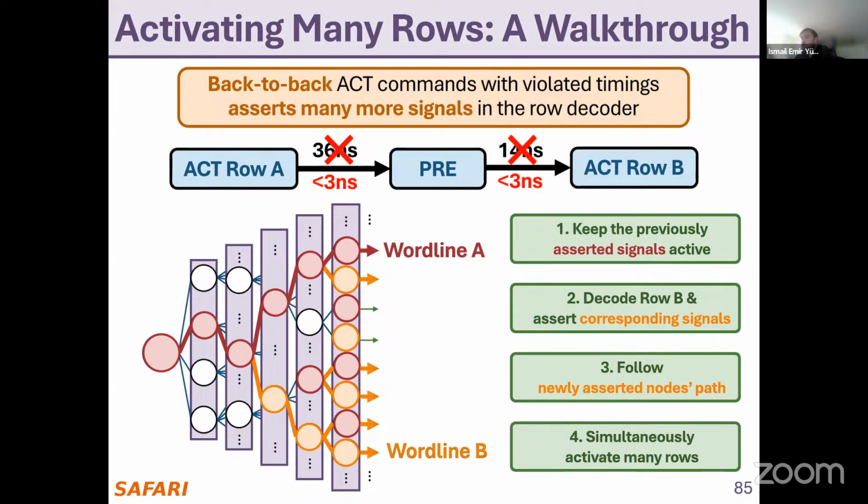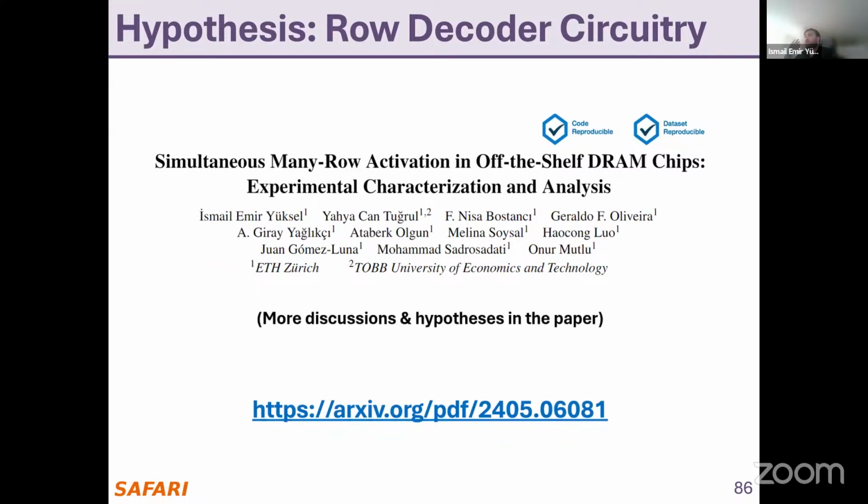As a result, we activate many more rows than just 2 rows in DRAM. We observe that we can activate 2, 4, 8, 16, and 32 rows in a single subarray. For more details and discussion about this row decoder circuitry, you can check our paper.